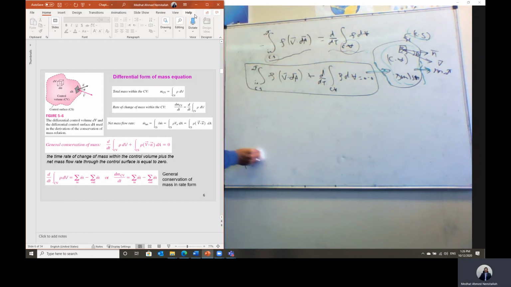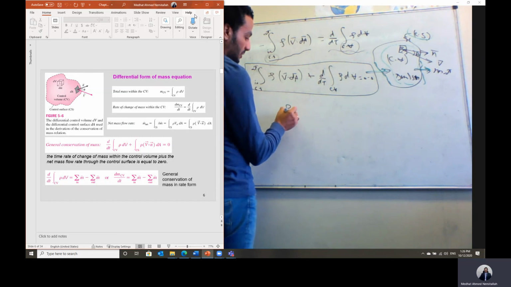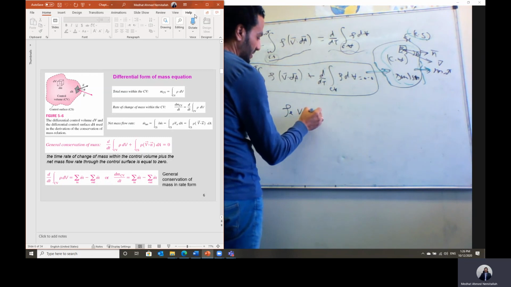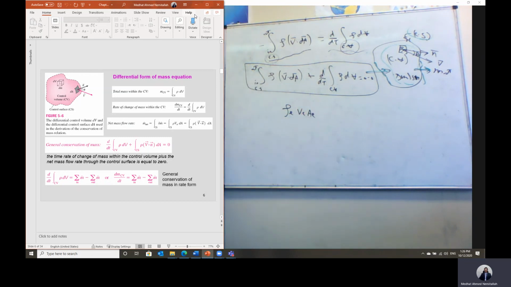I'm just going through those proofs just to know the link between the differential and the integral form. But when it comes to the application, we'll apply directly the integral form. Okay. But let's do this integration, so it will be what? It will equal to mass flow rate at the outlet, which is rho exit multiplied by V exit multiplied by area exit.